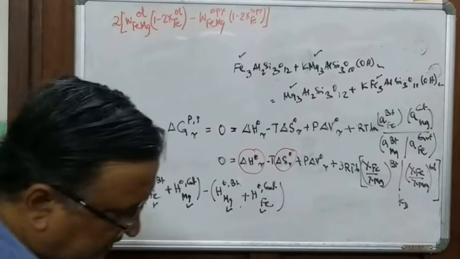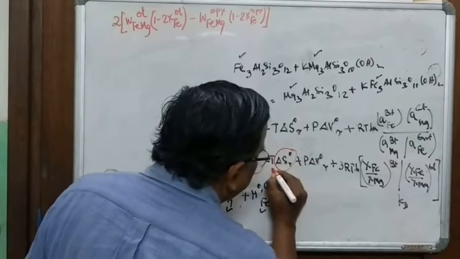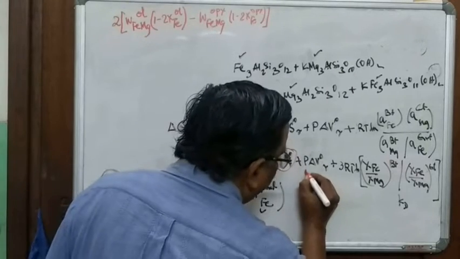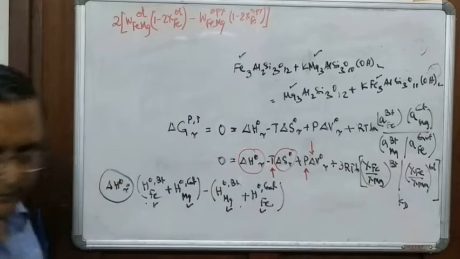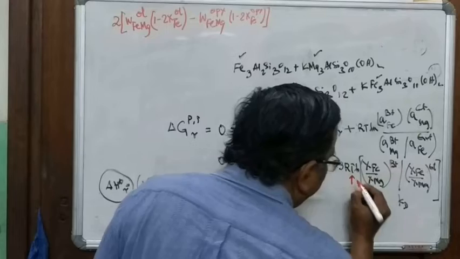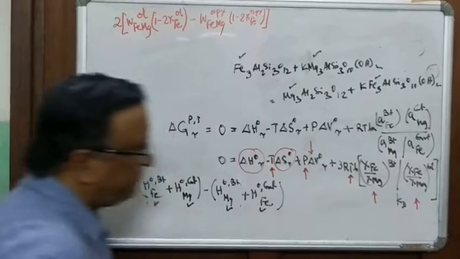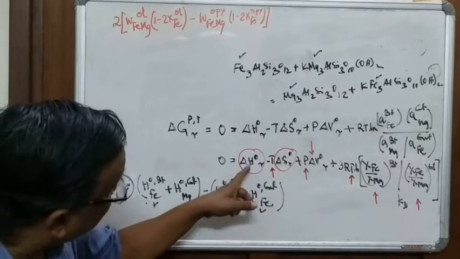But other terms were available: temperature was available from the experiment, pressure was available from the experiment, delta V was available from known molar volume data. What was not available is this.